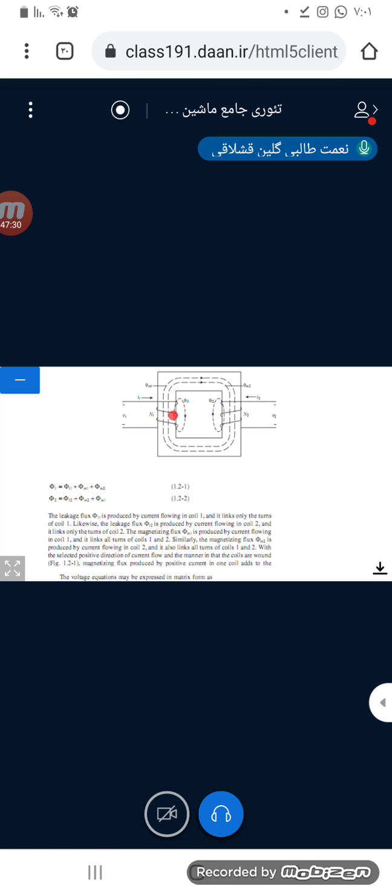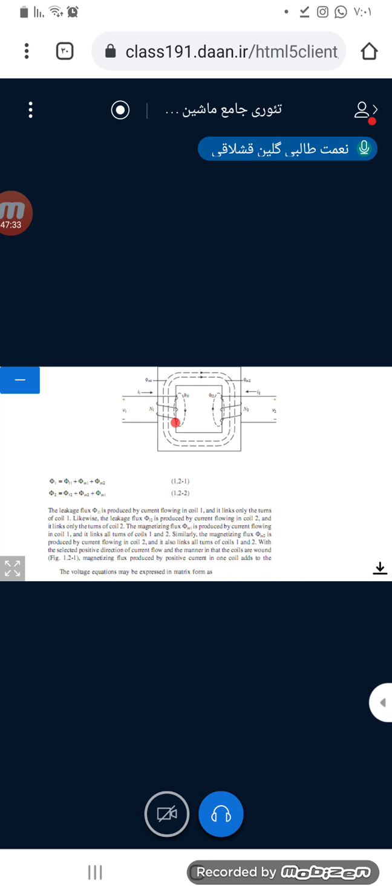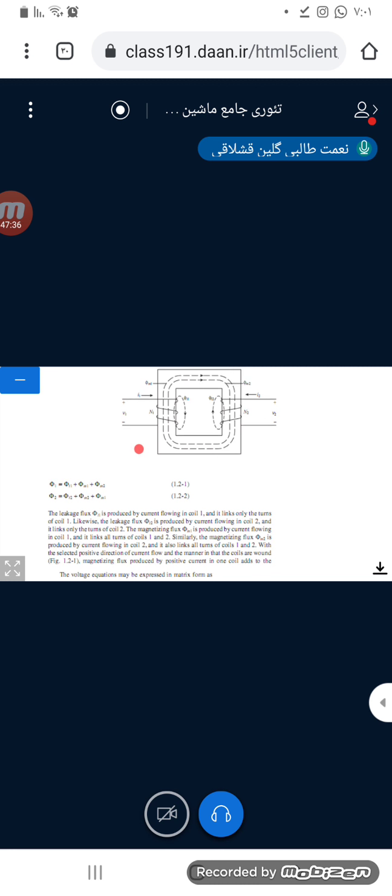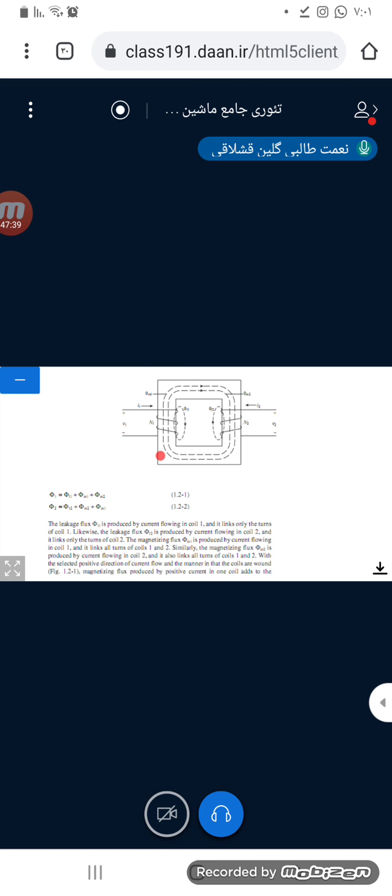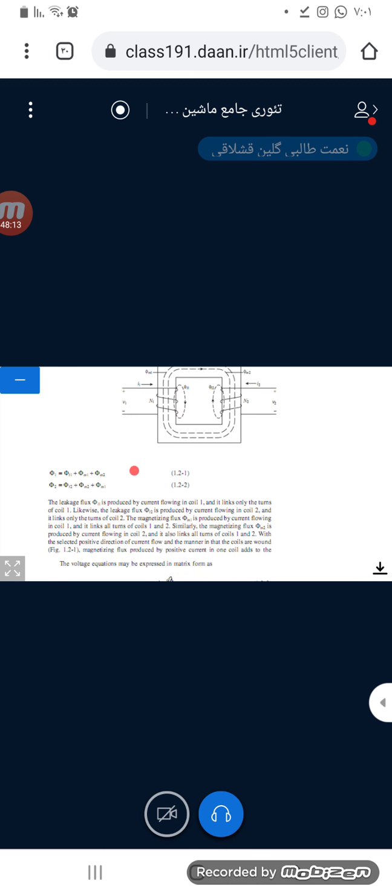So with this definition, we can say that phi 1, all the fluxes that link this circuit, is the sum of phi L1, the leakage flux of circuit 1, phi M1, the mutual flux of circuit 1, and the mutual flux of circuit 2, which comes from this magnetic material, phi M2.